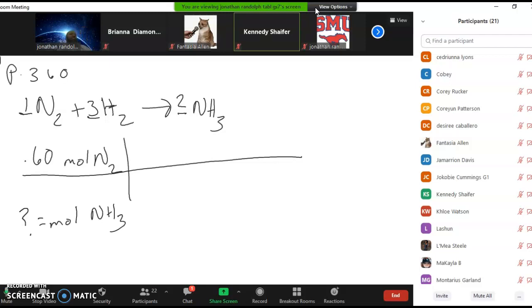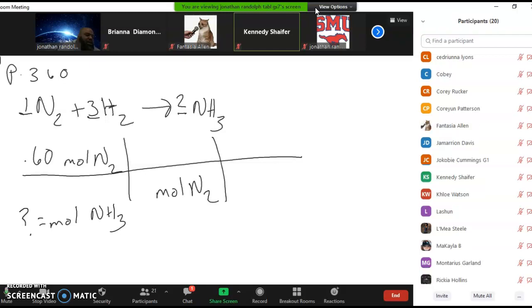So when you're looking at this equation, you don't have to convert to moles because you're given moles. And it asks you how many moles of NH3 you produce. So when you're doing this, moles of N2 goes on bottom, and moles of NH3 goes on top.